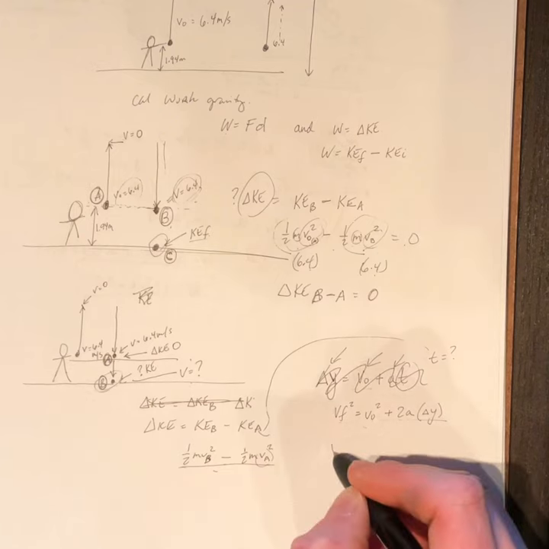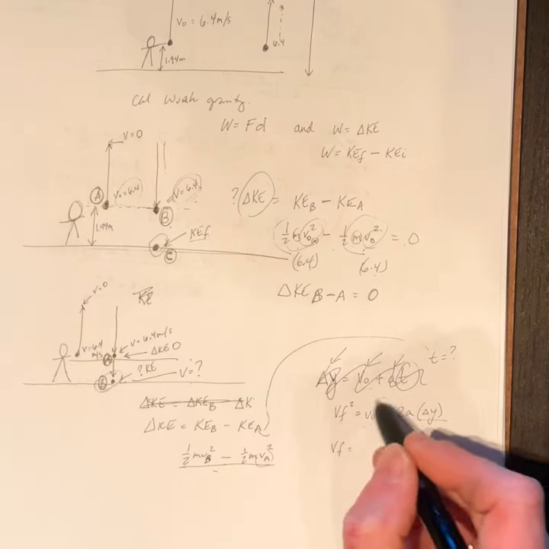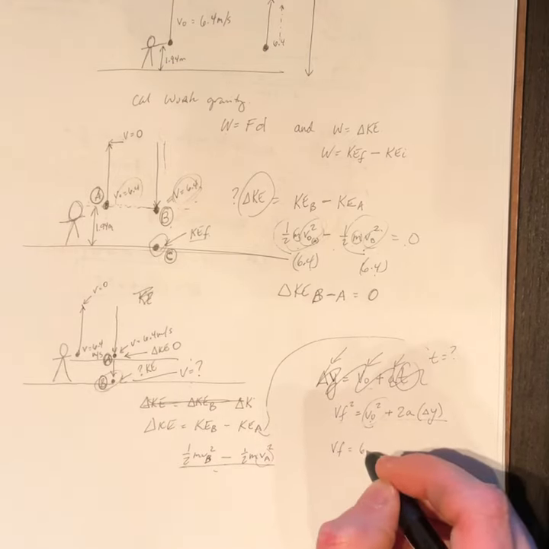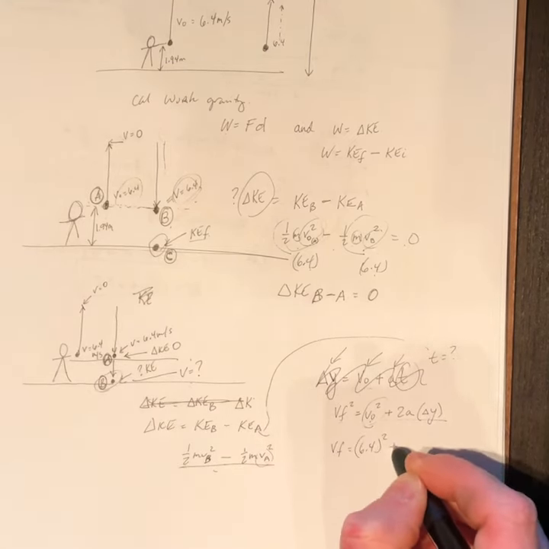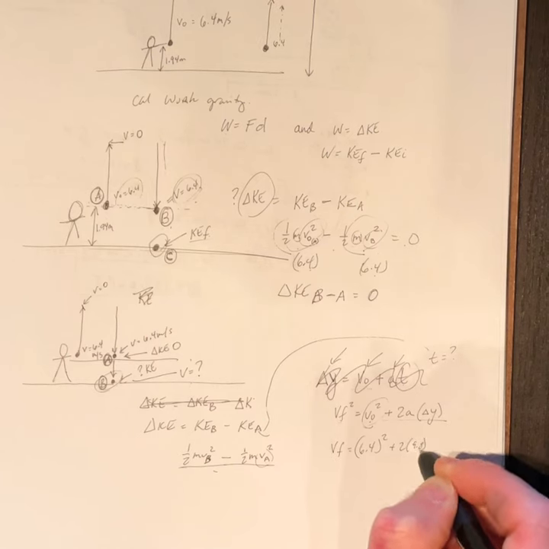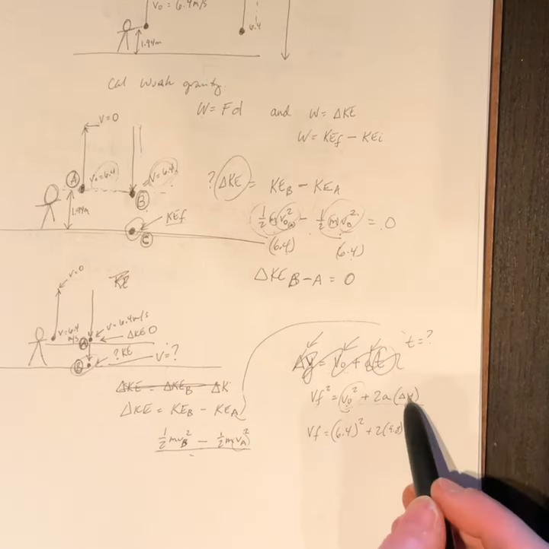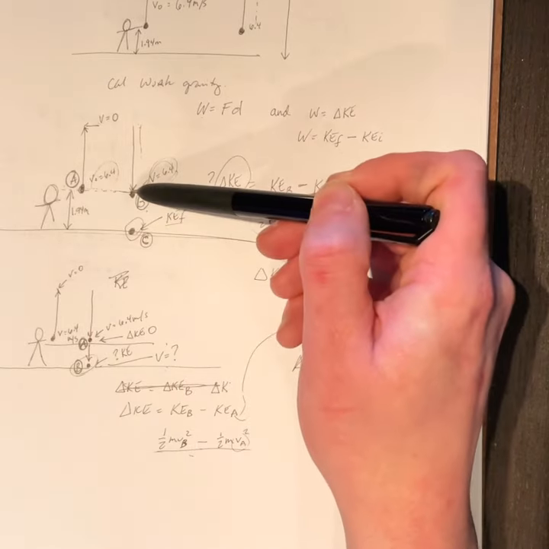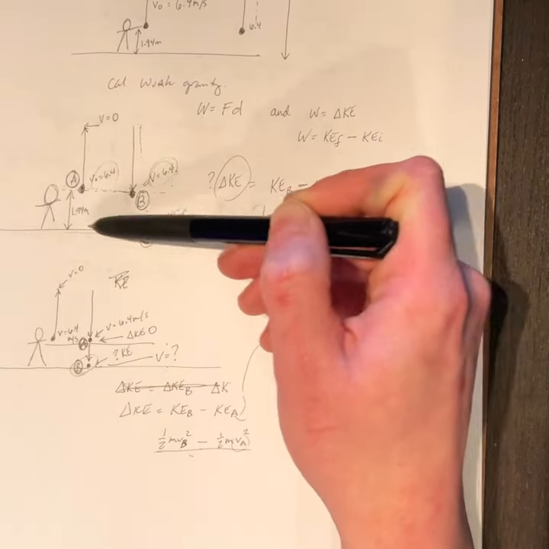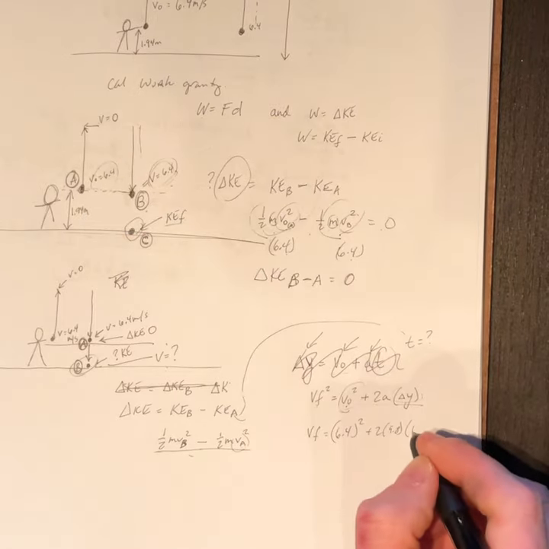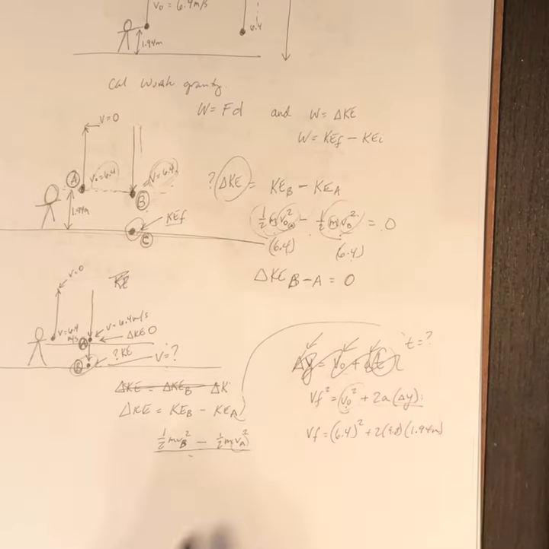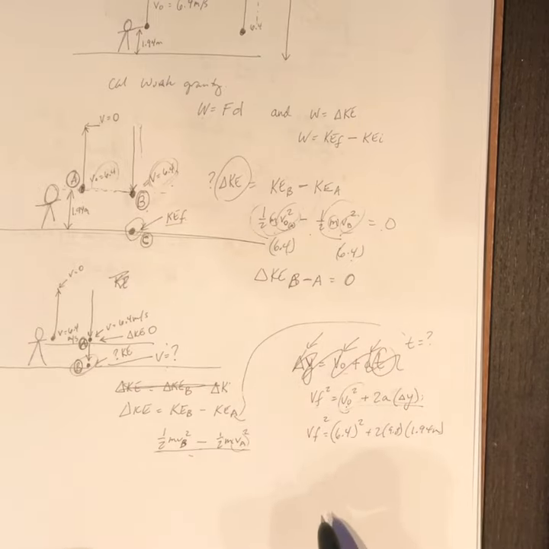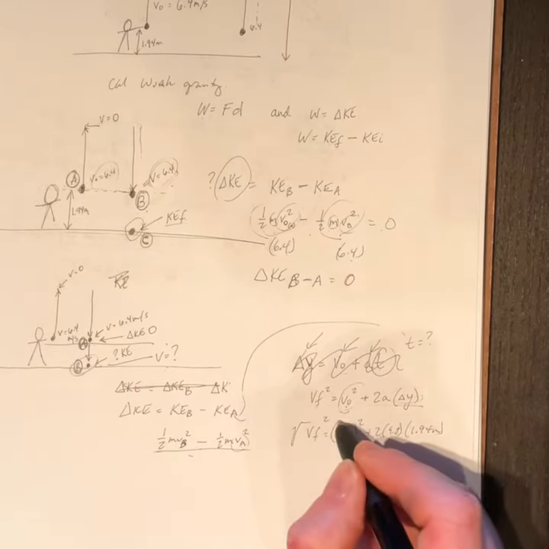So the initial velocity is 6.4 squared plus 2 times 9.8, which is the acceleration due to gravity, and the change in y is when it crossed this point to the ground, which is 1.94 meters. Then we take the square root of both sides.